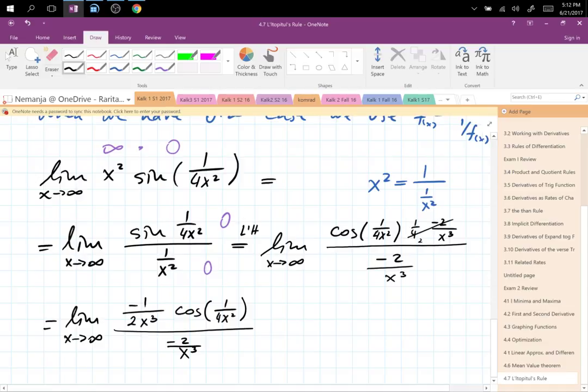And you see that these cubes drop, and then negative 2 and negative becomes a positive quarter. You can actually kick that in front of the limit if you want to. It does not impact the limit calculation. So all we're left with is the cosine of 1 over 4x squared. So the whole thing is 1/4.